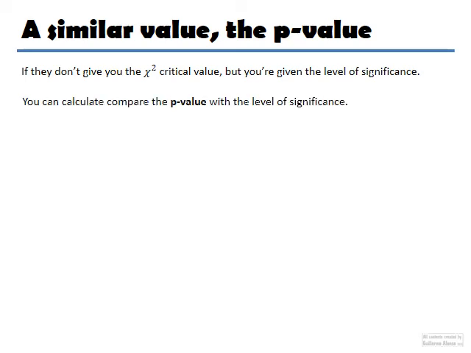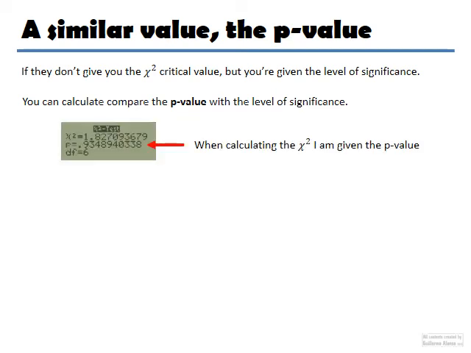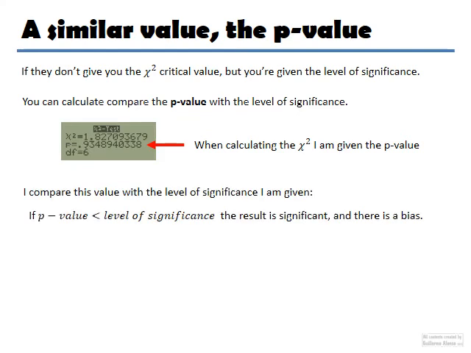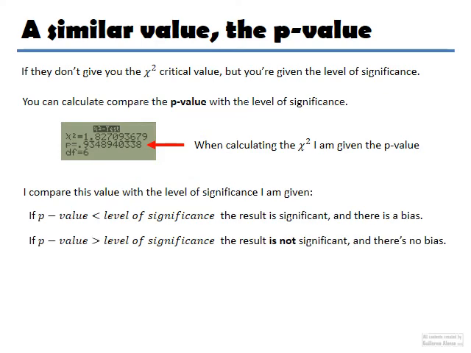So I just compare the p-value with the level of significance. When I calculate the chi-squared, I get the p-value here. Here I had 0.9348, and I compare it to the level of significance I have. If it's smaller, it means that the result is significant and there is a bias, there is dependence. If it's bigger, it's not significant and there's no bias, or there is independence.